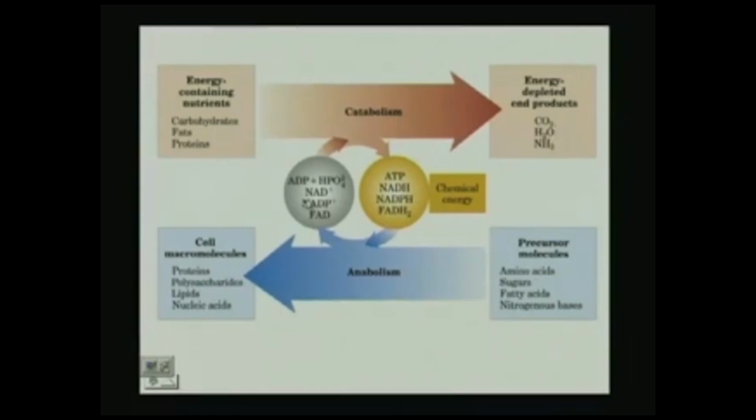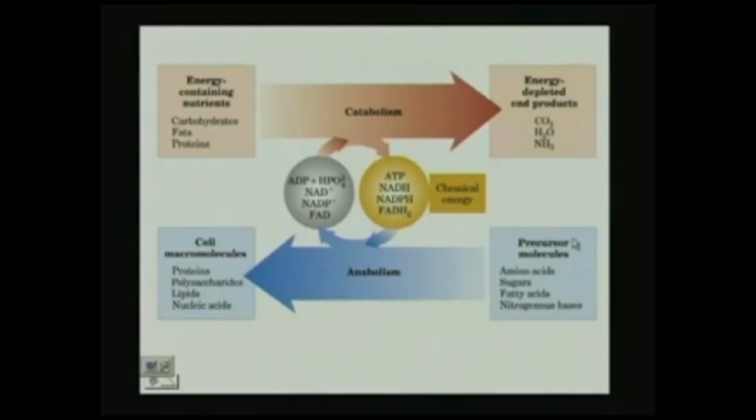And in this process we have the utilization of certain cofactors that we have already looked at. We have ADP and ATP to a large extent. We have NAD+, FAD, NADP+, and so on. All of these will either break down or form in different ways, giving us finally the chemical energy.